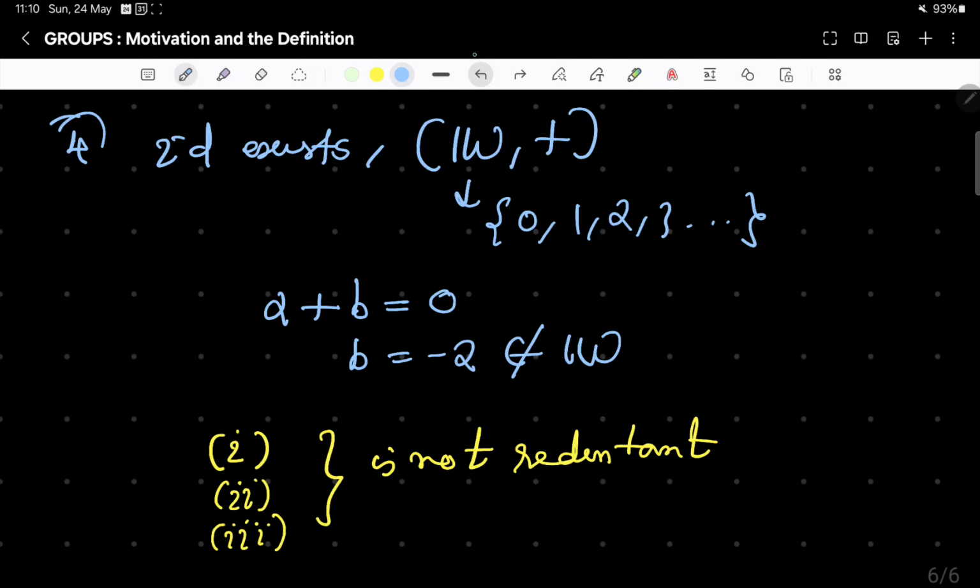And if 2 implies 3, then I can remove 1 because 2 implies 1. Then why should I have 1? But that is not the case. Similarly, none of them implies anything. That's why this definition is so concrete and so interesting. So we will see some concrete examples of groups and how to prove a given tuple, a set with an operation, is a group. Okay, thank you.